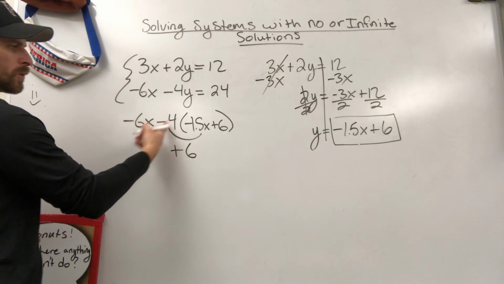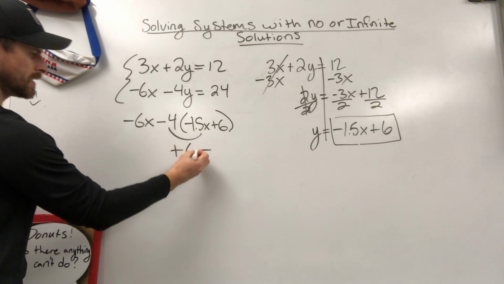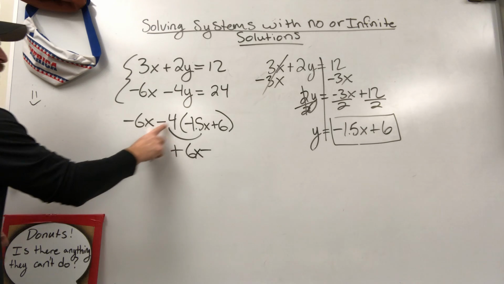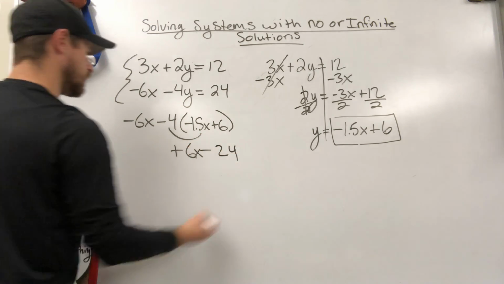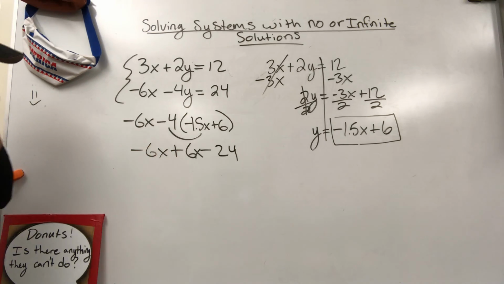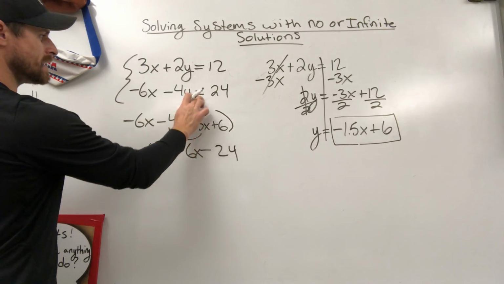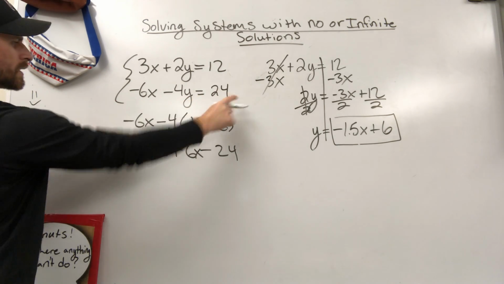And then -4 times 6, a negative times a positive makes a negative. Oh, don't forget I need an x here. -4 times 6, which is going to give me -24. Bring this down, and I get -6x. Okay? All of this is equal to, remember I'm rewriting this equation out here, so it's equal to 24.